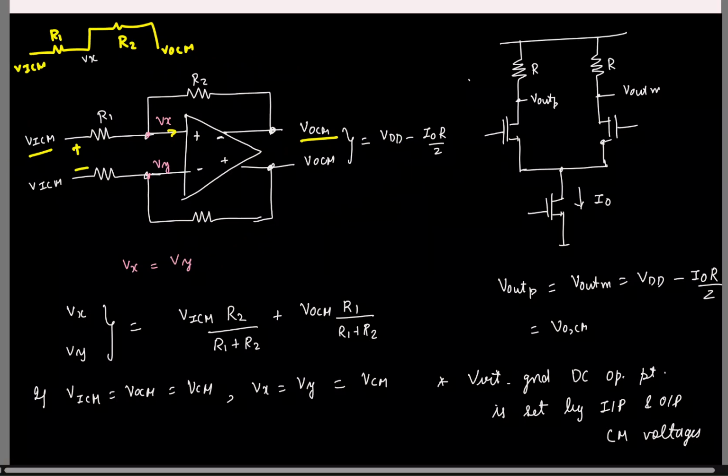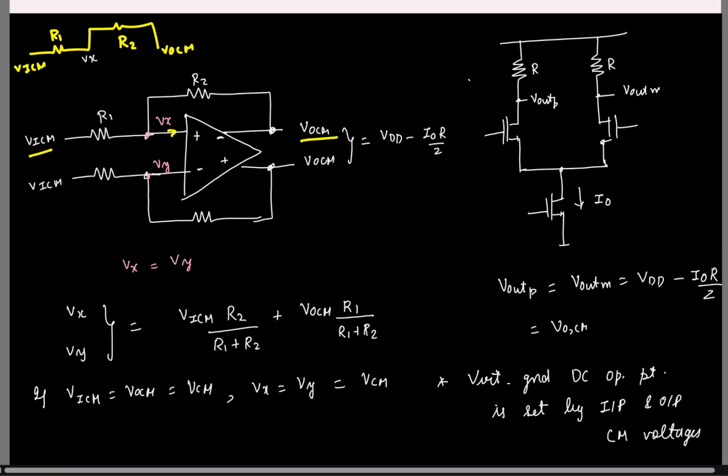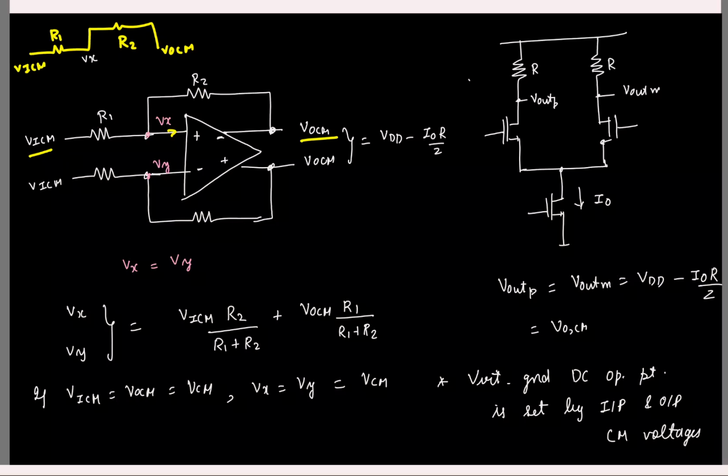So this feedback here is only fixing my differential signal. Only the difference between the two signals is set to minus R2 by R1 times my input difference. But I have two outputs, so along with the difference between the two, I also need to set the average of the two. So we need to have a separate feedback loop for setting that average.